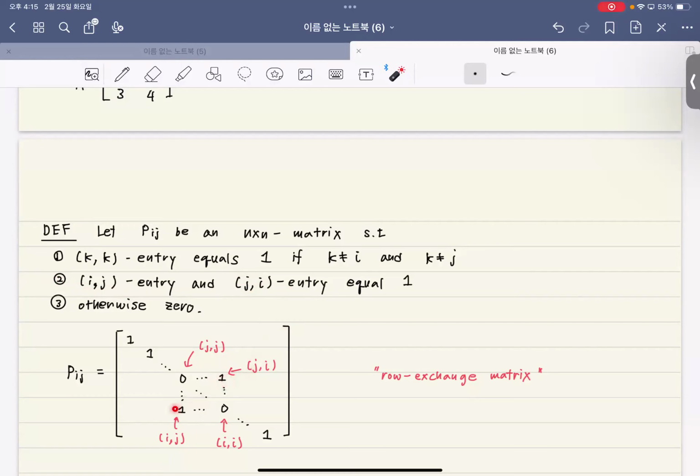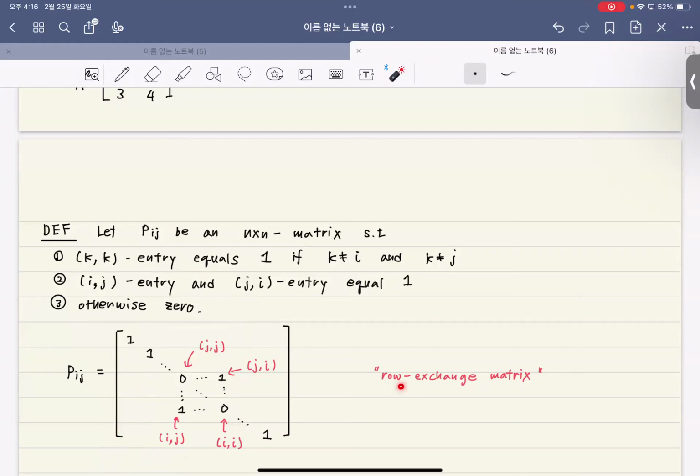This entry and that entry equal 1. And otherwise, all the other entries equal 0. So these are all ones except for this and this. I have 1 and 1 here, and all the other entries, which I left blank, must be 0, right? So this is Pij.